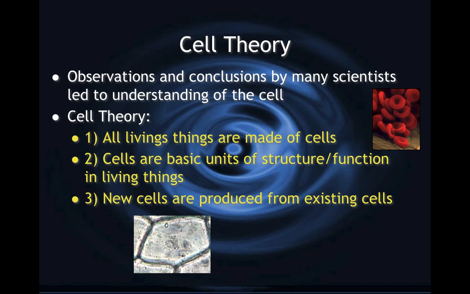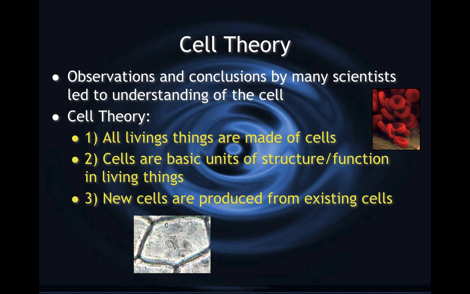So this led to our three ideas of the cell theory. Number one is all living things are made of cells. Two, cells are the basic units of structure or function in living things. And three, new cells are produced from existing cells.